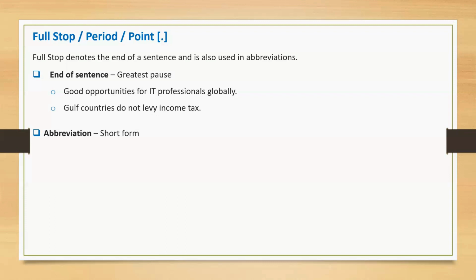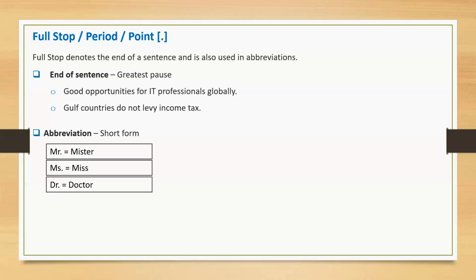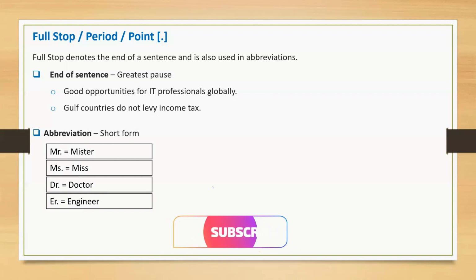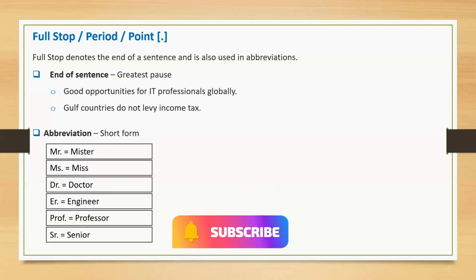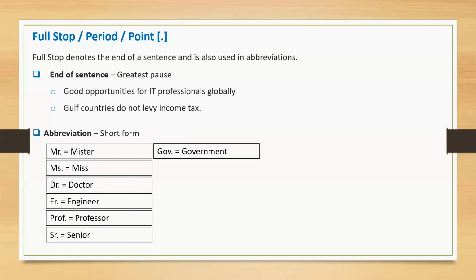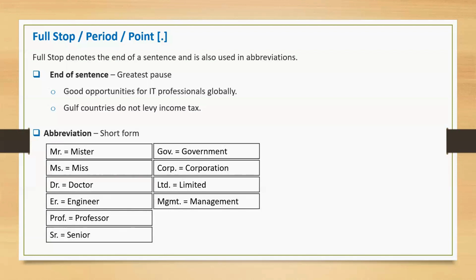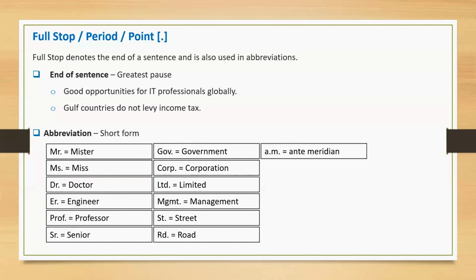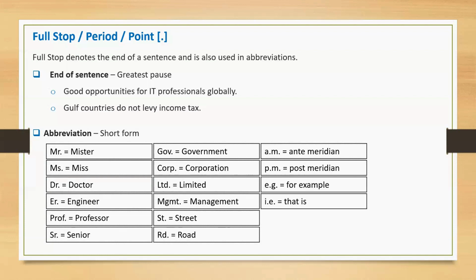Full stop is used in abbreviations as follows: Mr., Miss, Doctor, Engineer, Professor, Senior, Government, Corporation, Limited, Management, Street, Road, Anti-meridian, Post-meridian, for example, that is, etc., United Kingdom.